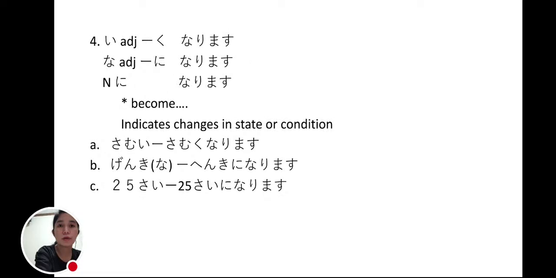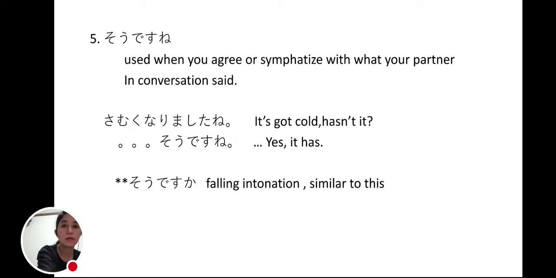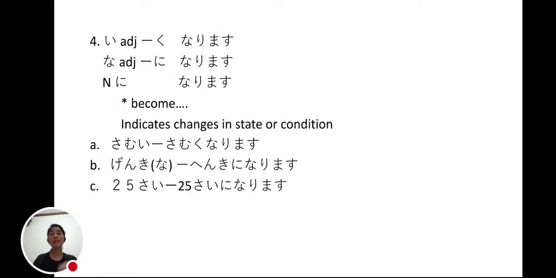And you can say, for example, in here, benkyo ni narimasu.